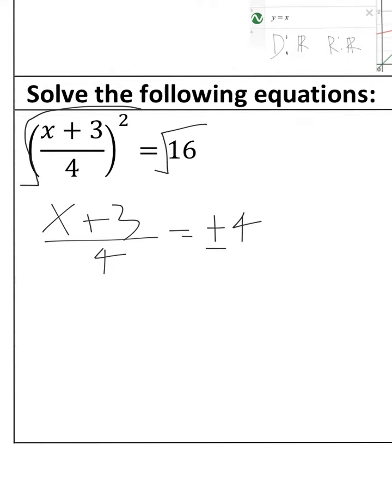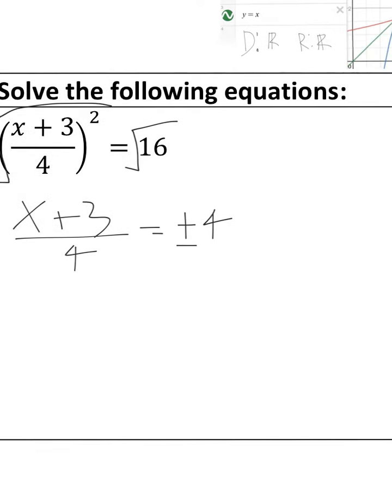So it's probably easier at this point to just solve it as x plus 3 over 4 equals 4, and then solve it again with x plus 3 over 4 equaling negative 4, all right?